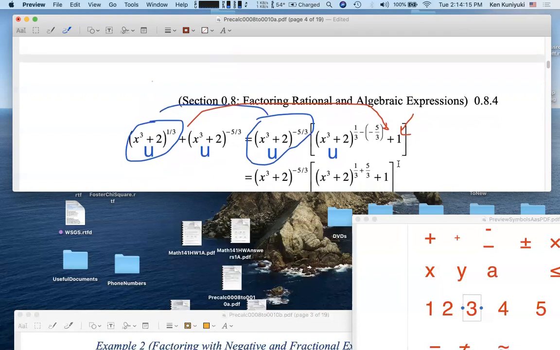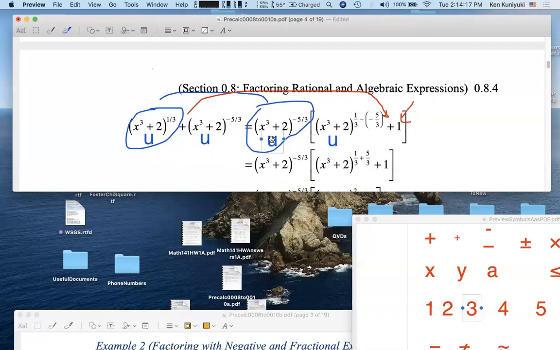All right, so cleaning this up a bit, we have u to the negative 5/3 times the quantity u to the 1/3 plus 5/3. When you subtract negative 5/3, you add positive 5/3, right? And then don't forget your plus 1.